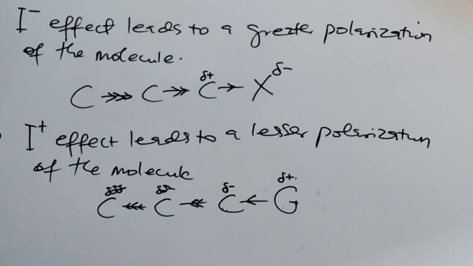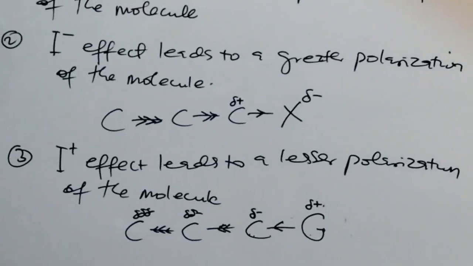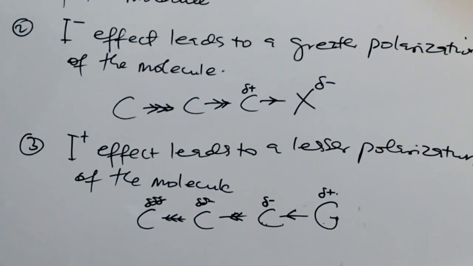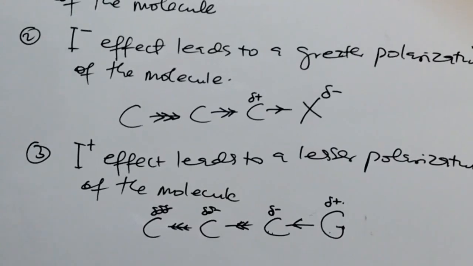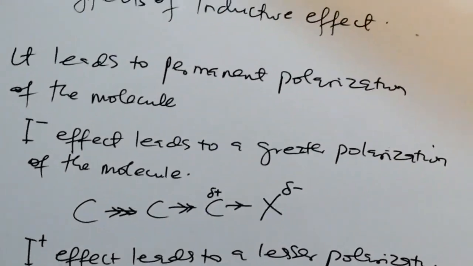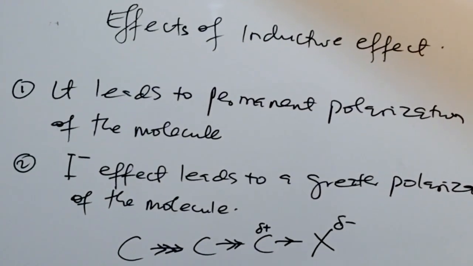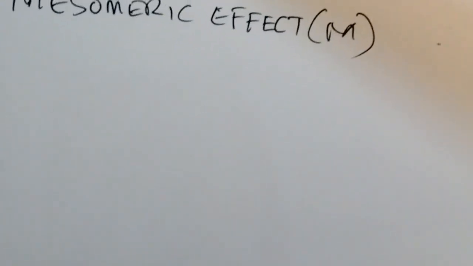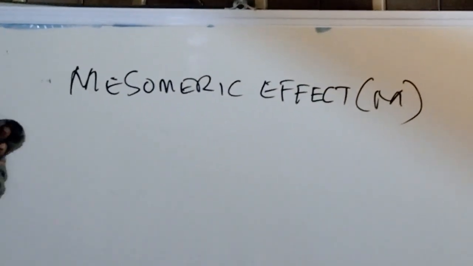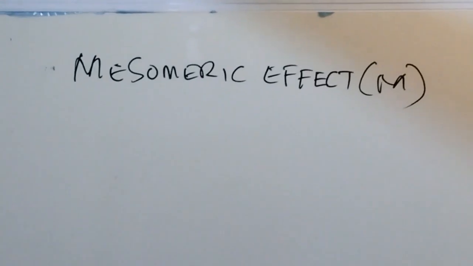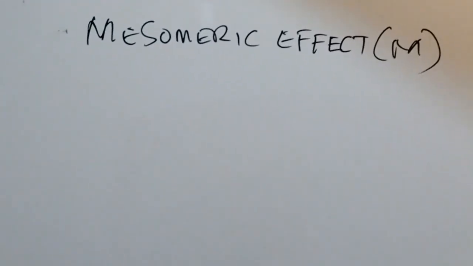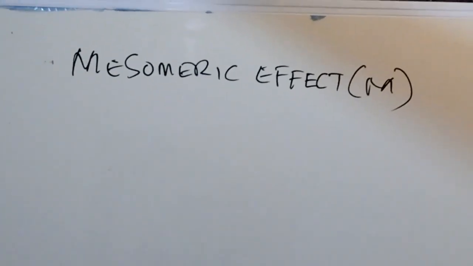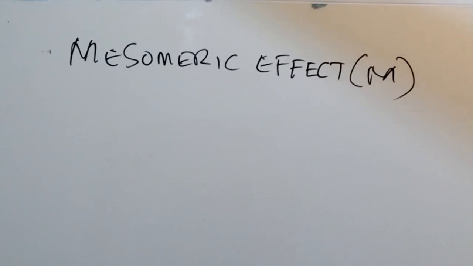We're going over now to the next effect, which influences the stability of molecules, which you call mesomeric effect or mesomerism. So we look at another phenomenon that affects the stability and reactivity of organic molecules, known as the mesomeric effect or M effect.